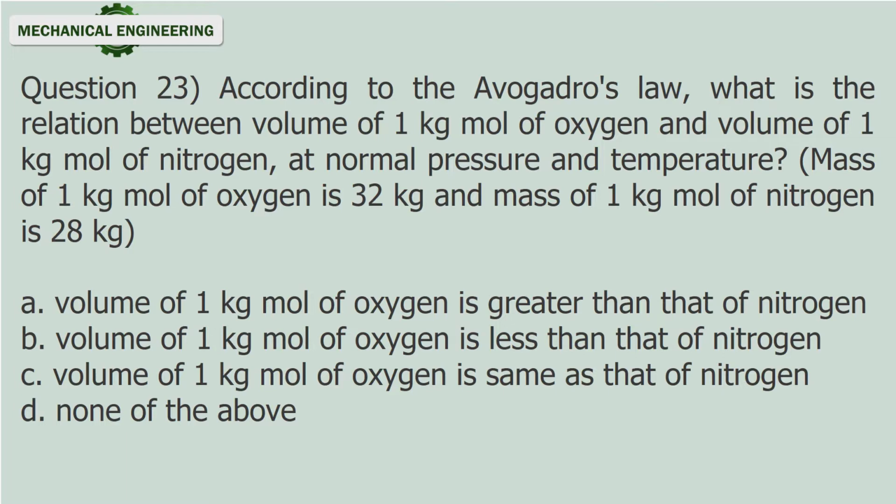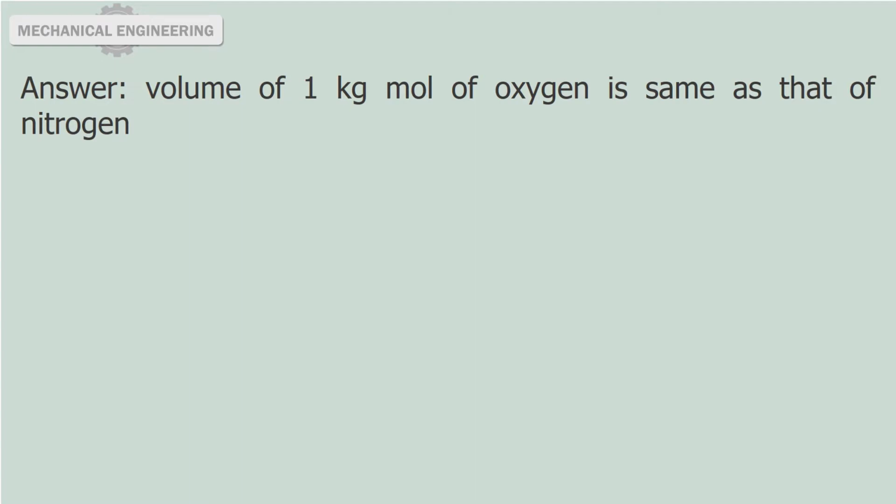B. Volume of oxygen is less than that of nitrogen. C. Volume of oxygen is same as that of nitrogen. D. None of the above. Answer: volume of 1 kilogram mole of oxygen is same as that of nitrogen.